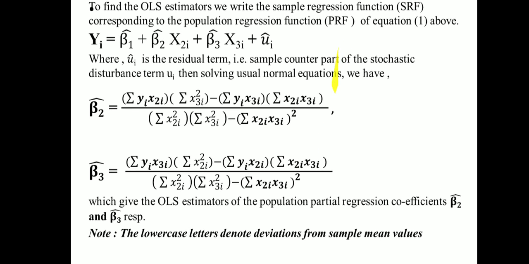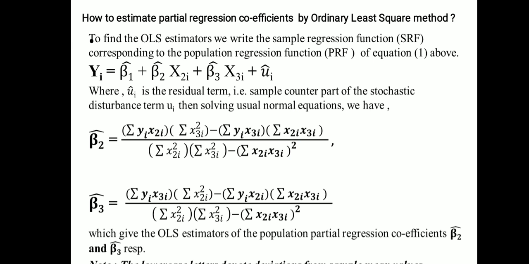Now, how do we estimate the partial regression coefficients by the ordinary least squares method? As earlier, we again consider the normal equations. To find the OLS estimators, we write the sample regression function corresponding to the population regression function of equation 1 above.